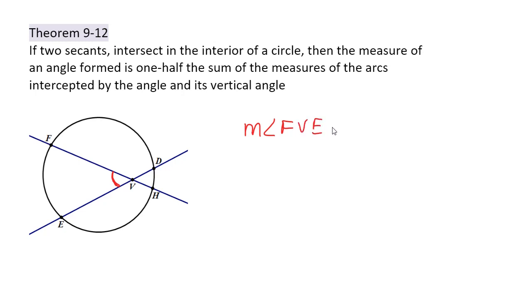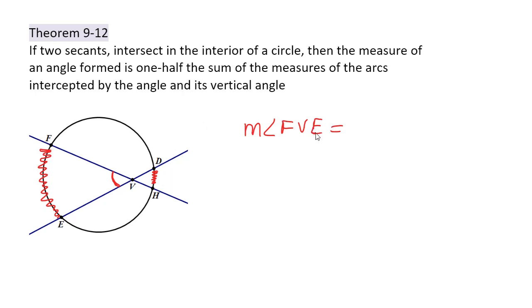So if I wanted to know the measure of angle FVE, then the theorem says that it is related to 1/2 the sum of the measures of the arcs intercepted by the angle. So this angle here intercepts this arc over here, and the arc intercepted by its vertical angle as well, so back here.